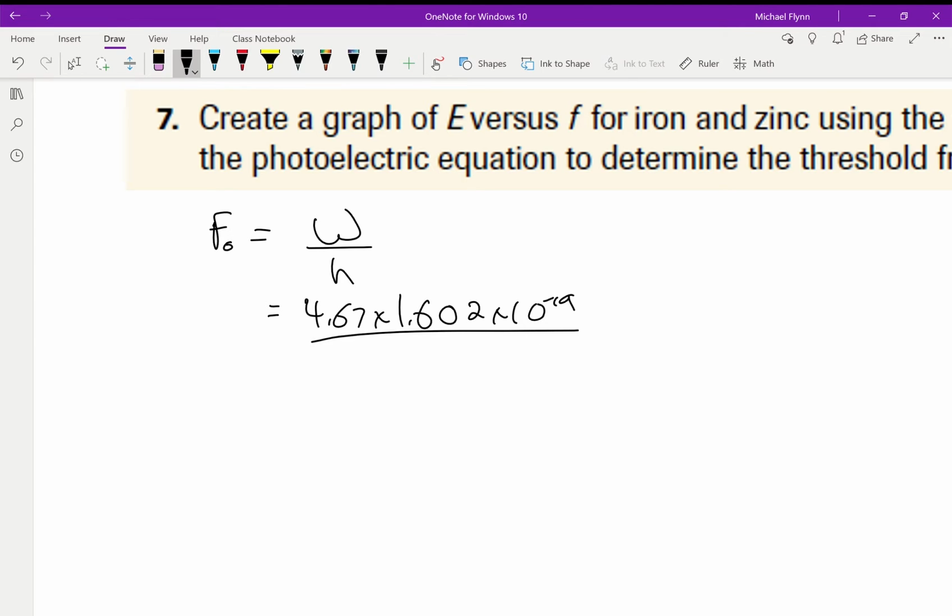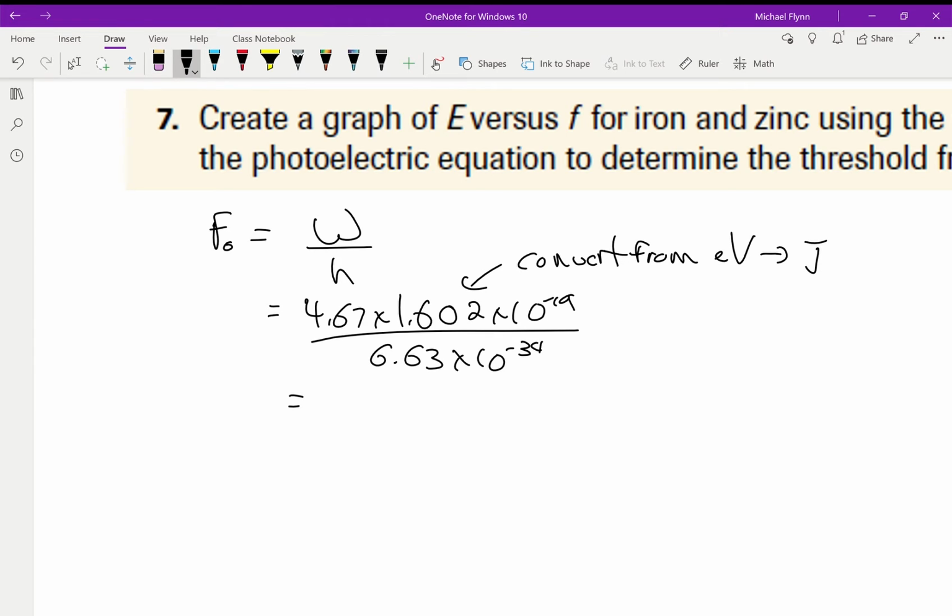This is to convert from electron volts into joules. That's a conversion factor. And divided by Planck's constant.